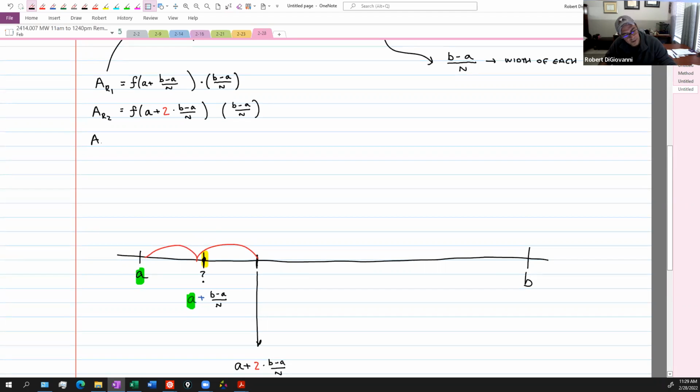Now I go for the area of the third rectangle. Well, I'll still have B minus A over N over here, right? It'll still be the function evaluated at A plus, now instead of going 2 jumps, I'm going to go 3 jumps of B minus A over N. Are y'all following the pattern here?